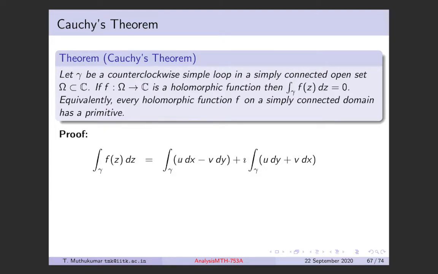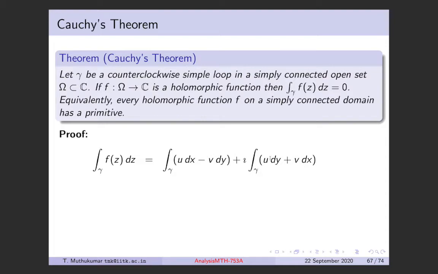This is a line integral of some function u(x, y), because this is a 2 variable function but integrated over 1 variable. This is also a 2 variable function but integrated over 1 variable, a similar line integral.